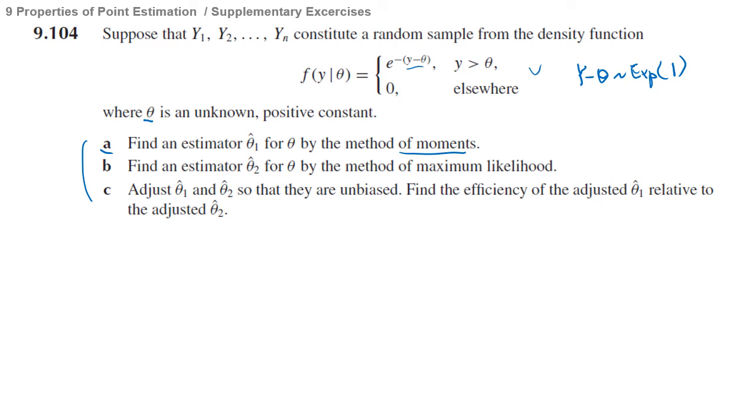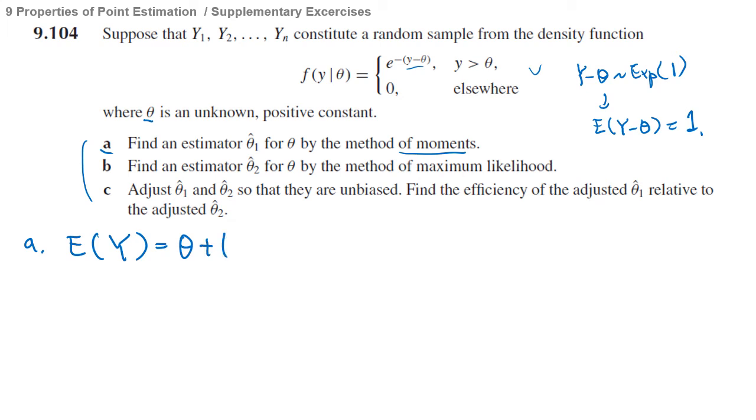Let's firstly solve number A. To use the method of moments, we need to calculate the expected value of y. We know that from here the expected value of y minus theta is 1, so the expected value of y should be theta plus 1.